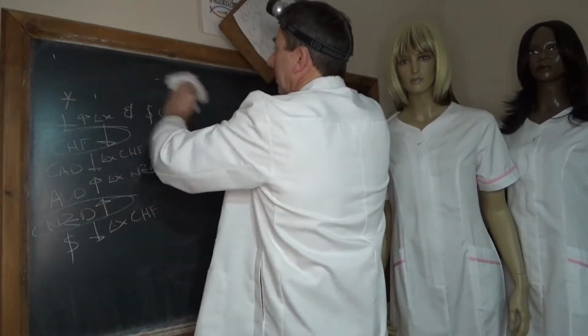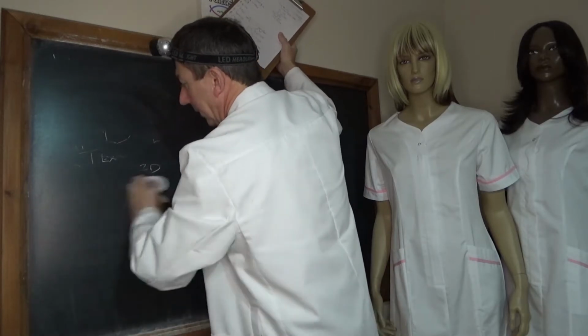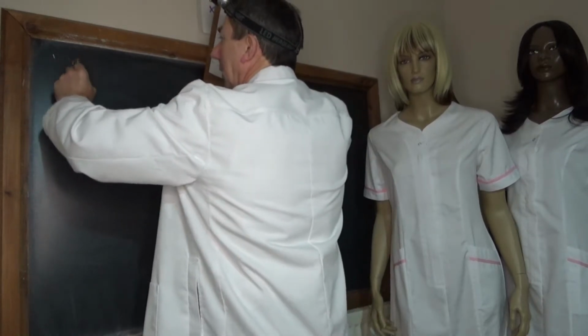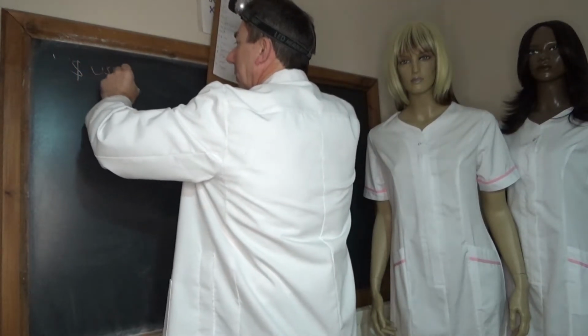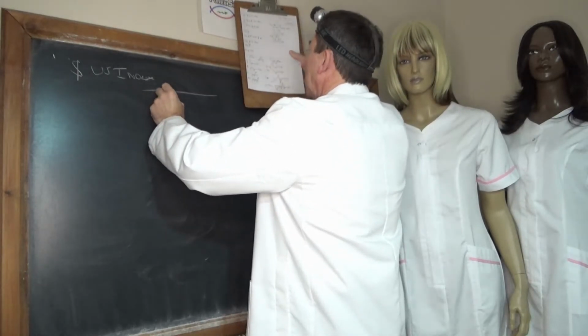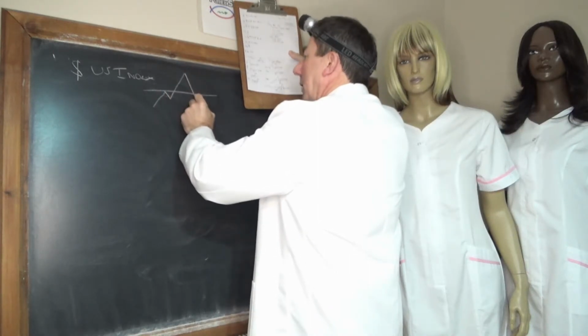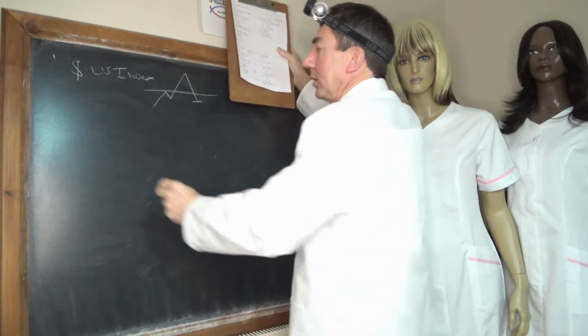Right, let's have a look. So in terms of the asset classes, dollar, US index, basically it broke. It's come back below the previous resistance.